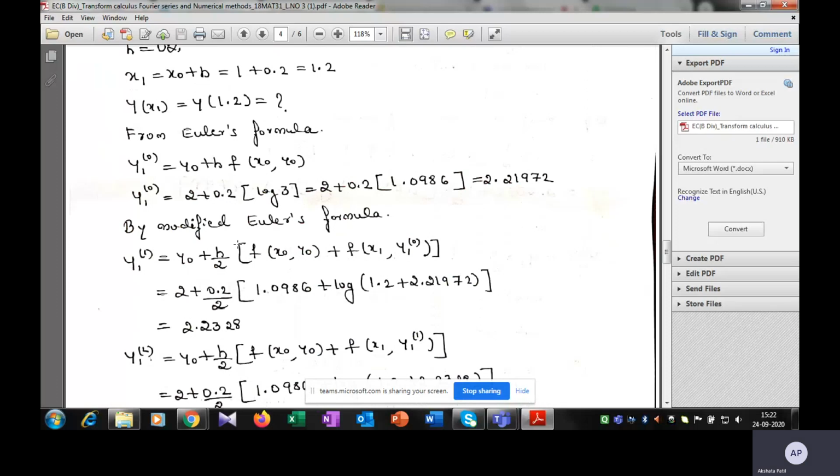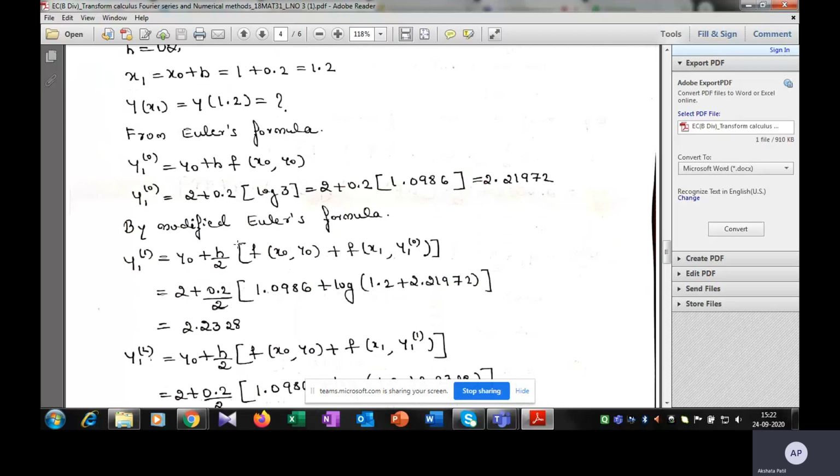But here the accuracy is very poor in this formula, which we need to improve to the desired degree of accuracy by using the modified Euler's method. So let us do the iterations here. First iteration, y1 of first iteration equals y naught plus h by 2 into the function of x naught comma y naught plus the function of x1 comma y1 of initial approximation.